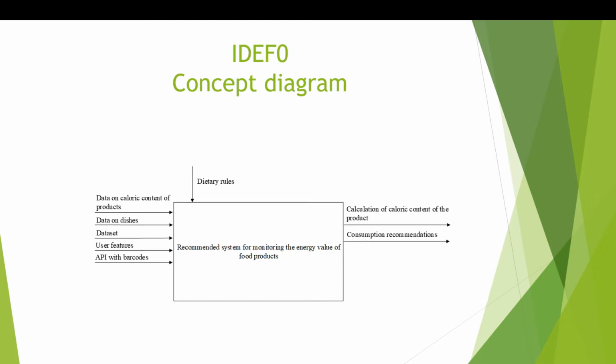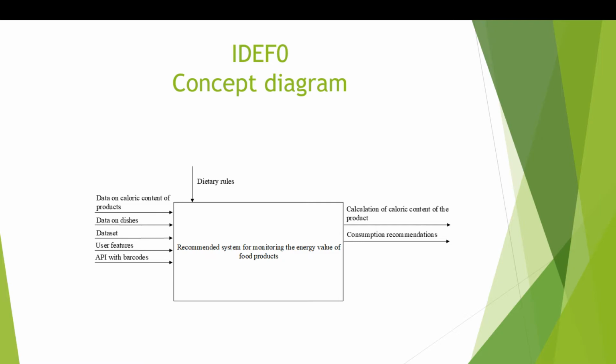IDEF0. So here we can see the concept diagram. At the center of the diagram we can see our system, which is a recommendation system for monitoring the energy value of food products. As input parameters, we receive data on dishes, on caloric content of products, dataset, user features, and API with barcodes.